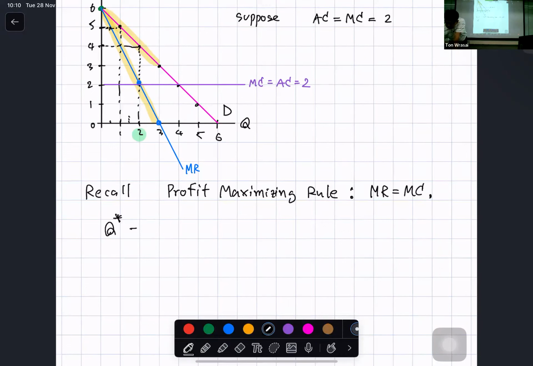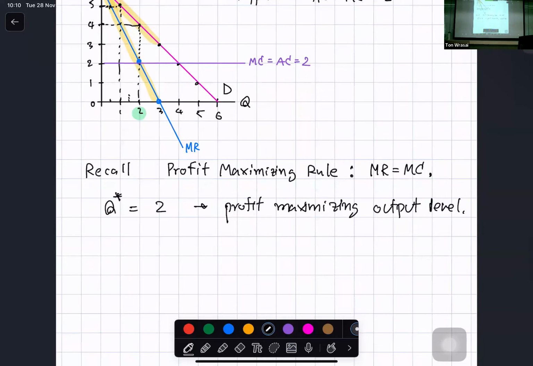Q star equal to 2. Profit maximizing output level equal to 2.